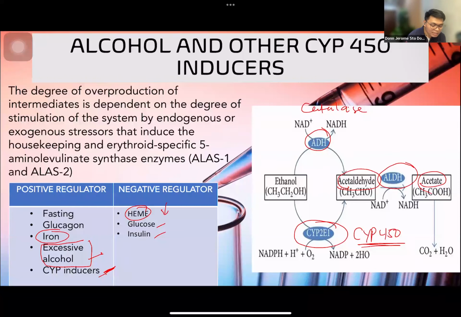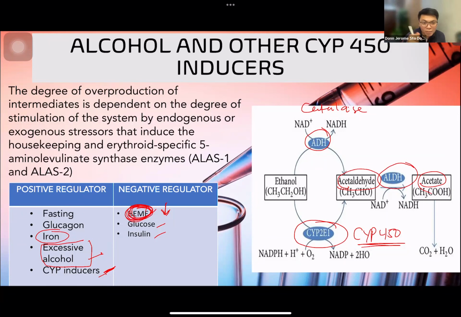And when you have low levels of heme, what would be the effect on your ALAS? Will it be stimulated or will it be inhibited? Stimulated. Kasi ang inhibitor niya is your heme. Okay?